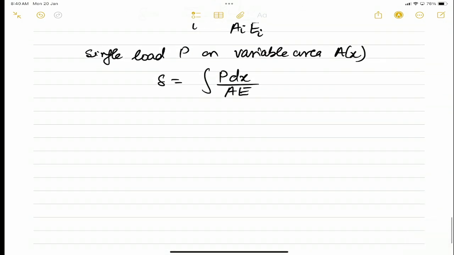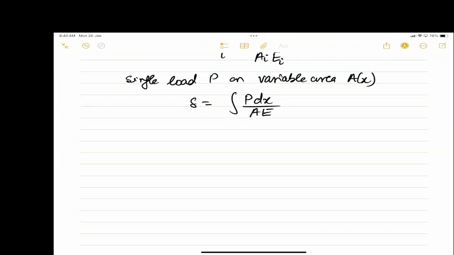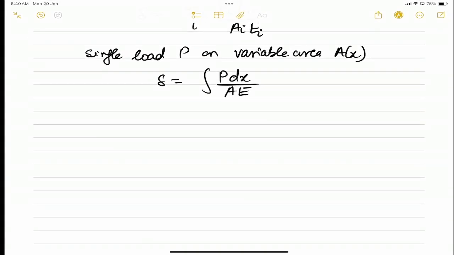Now, given these load deformations, when we look at problems, we have seen problems which are statically determinate. What do we mean by statically determinate? We can find all the forces in all the members with just statics. So in those problems, these relations will give us the deformations. We'll be able to find the force in each member, so given the property of that material, we will be able to find how much it deforms.